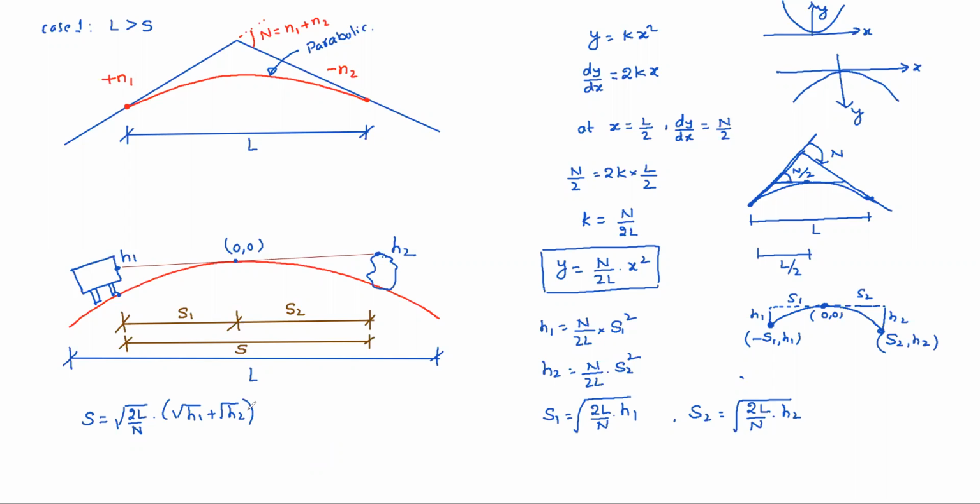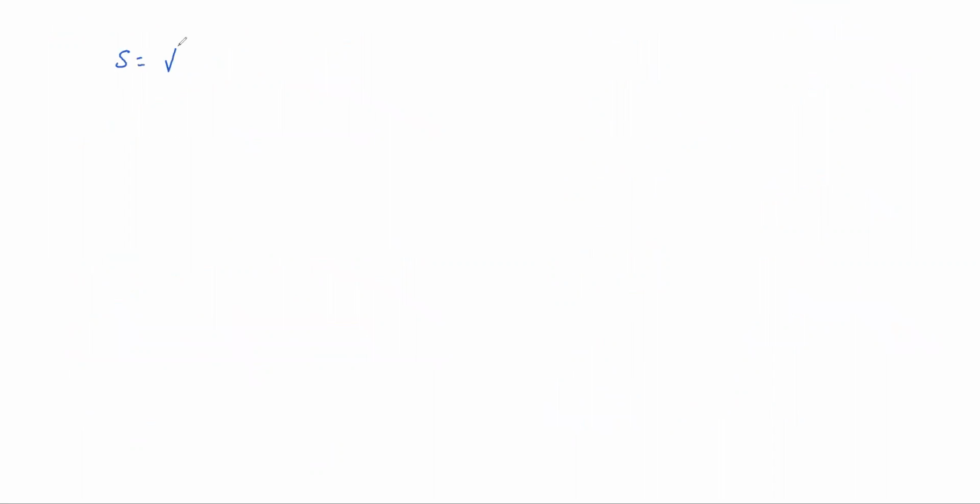Okay. So based on this, we got S equal to square root of 2L by n into root H1 plus root H2. So squaring on both sides, S square equal to 2L by n into root H1 plus root H2 whole square.